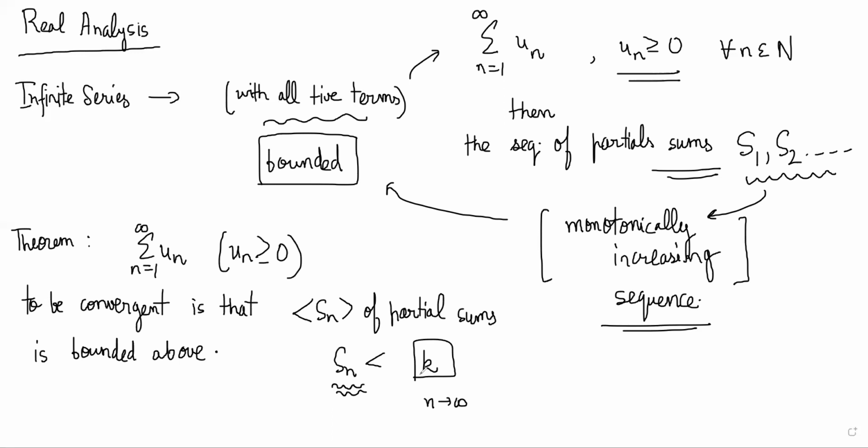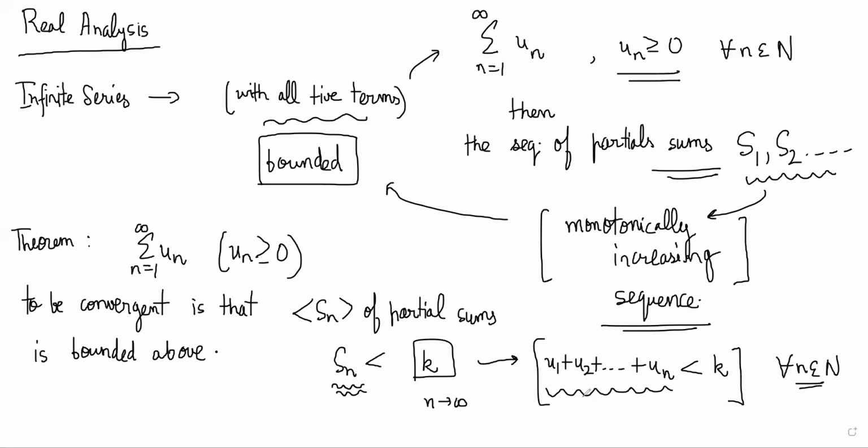The way you can say this is that u1 plus u2 plus so on plus un will always be less than k for all n. No matter how big an n you take, this will always be less than k. If you can prove this, then your sequence is convergent.